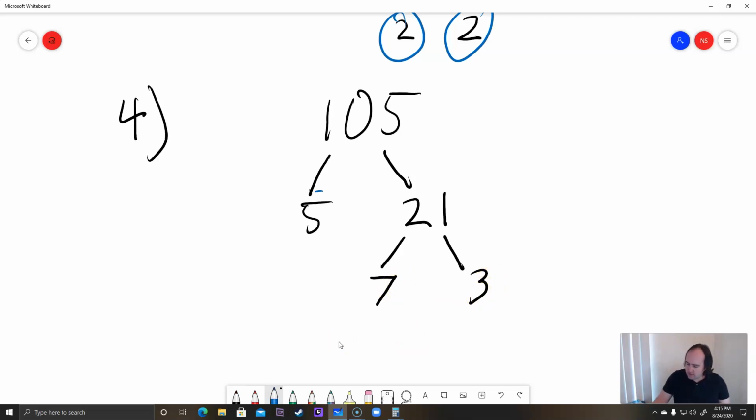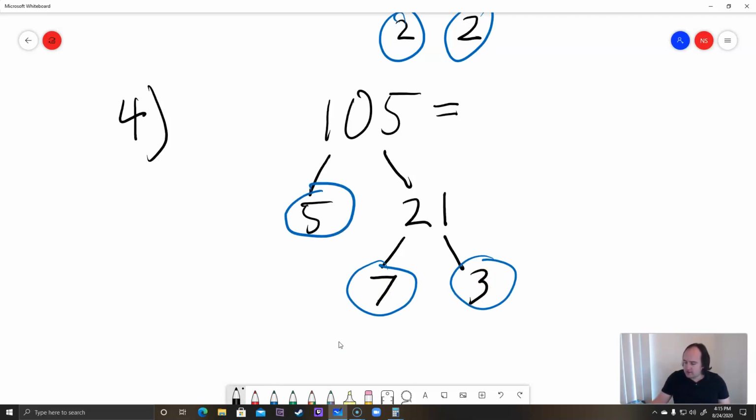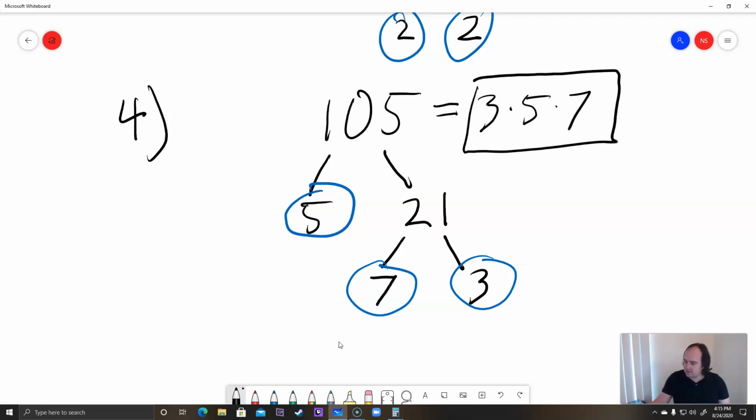Okay, so then circling all the primes, we have 5 times 7 times 3. And people usually write them in increasing order. So the smallest number there is going to be 3, so it's going to be 3 times 5 times 7. That's going to be our prime factorization.